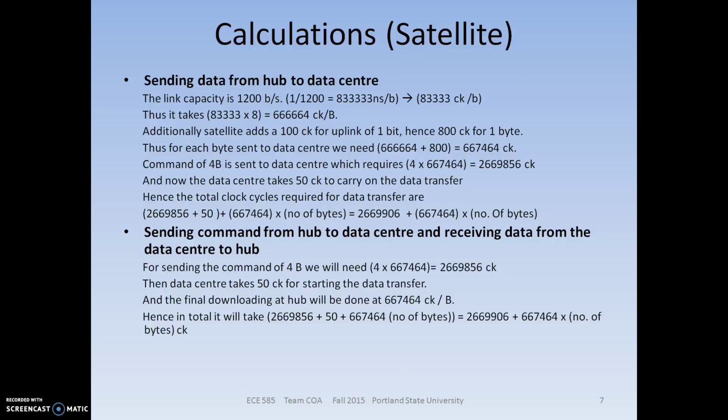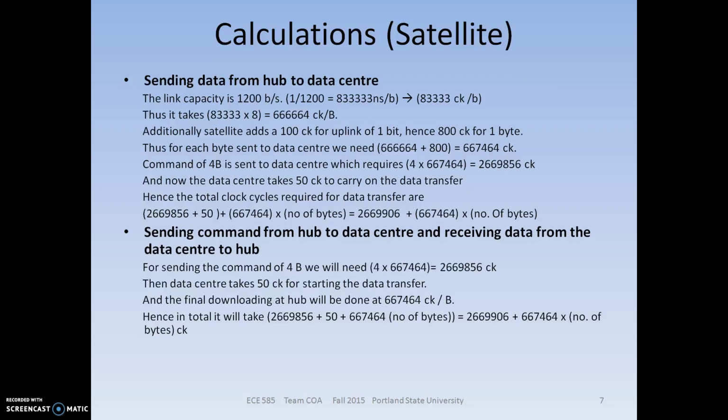Now the calculations for satellite communication are done accordingly. 1200 bits per second is the link capacity. So 1 upon 1200 would give you 833333 nanoseconds and 83333 clock cycles. Thus it takes around 666664 clock cycles per byte.